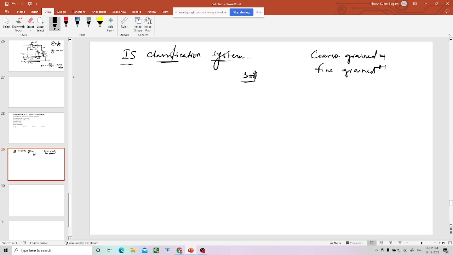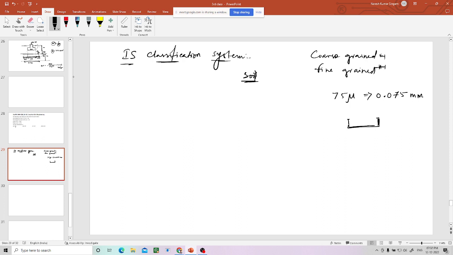If it is small size particles, we say it is fine grained soil. Whenever we are given soil, what do we do? We take a 75 micron sieve. 75 micron sieve means 0.075 mm, right? Taking that sieve, we use in our homes.